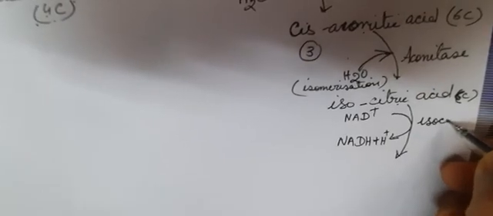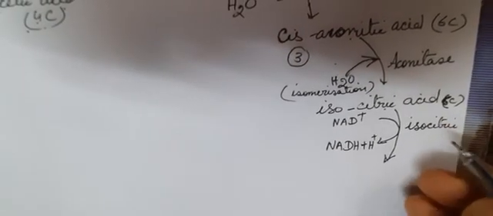Then this is also a 6 carbon compound. Then from this there will be again dehydrogenation. NAD plus will receive these hydrogen ions and it will become NADH plus H plus, in the presence of enzyme isocitric dehydrogenase.